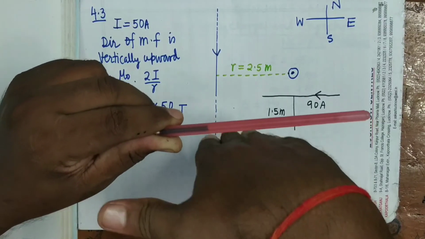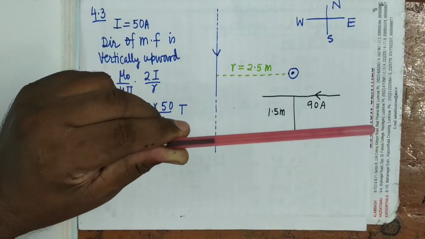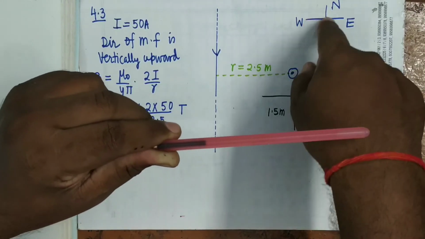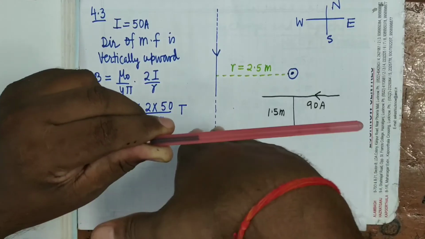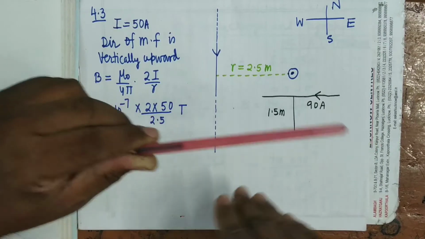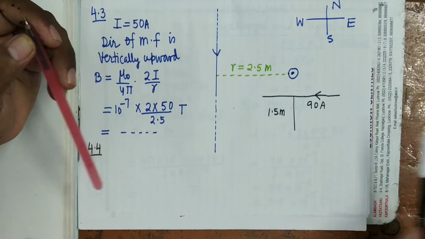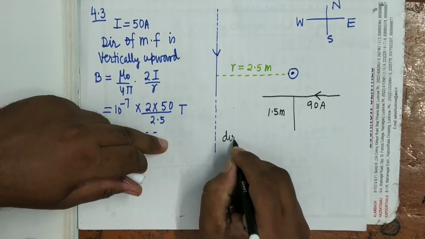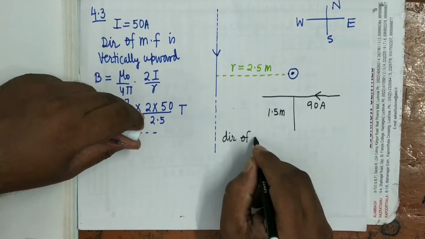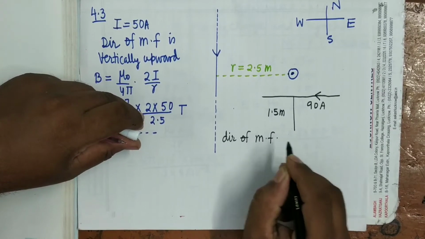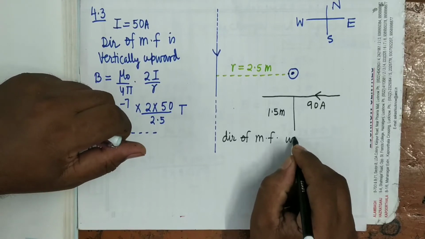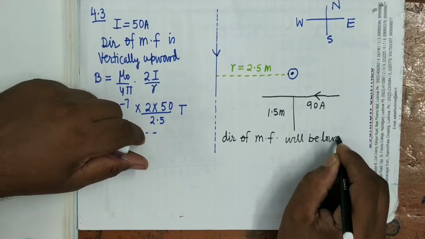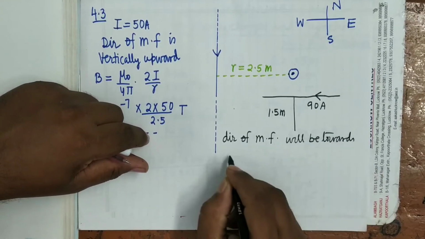Then the perpendicular direction of pushing of the palm is this way, and this is the south direction. So the field will be towards south.